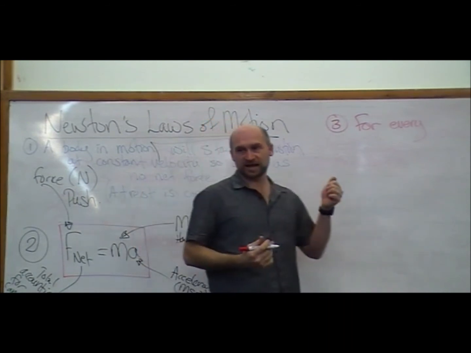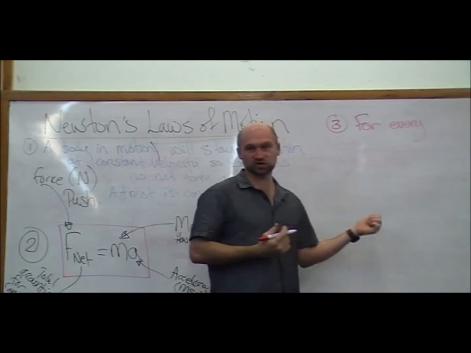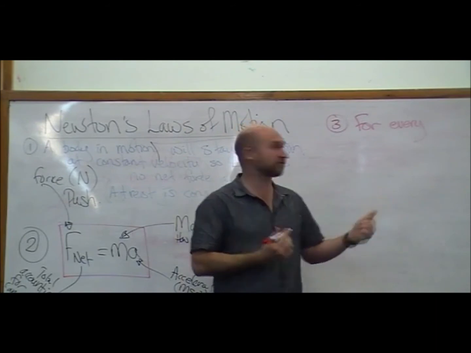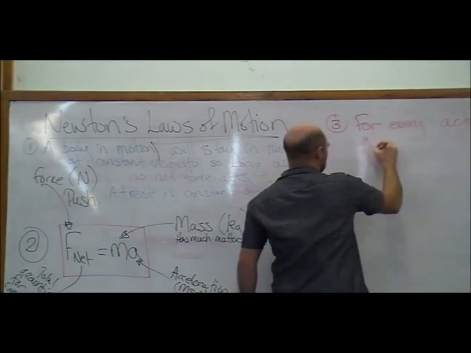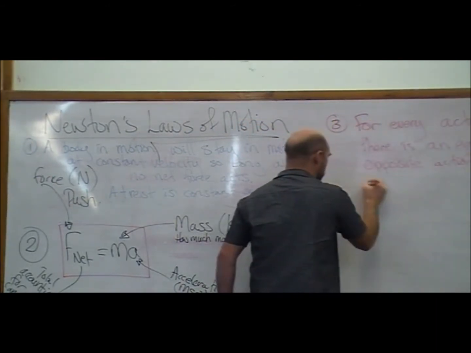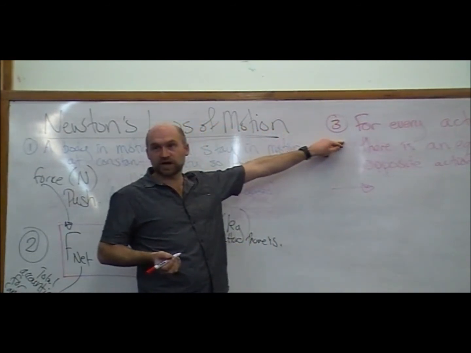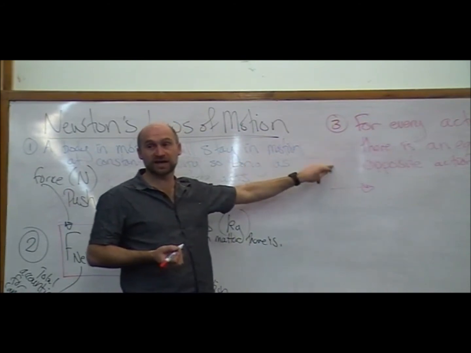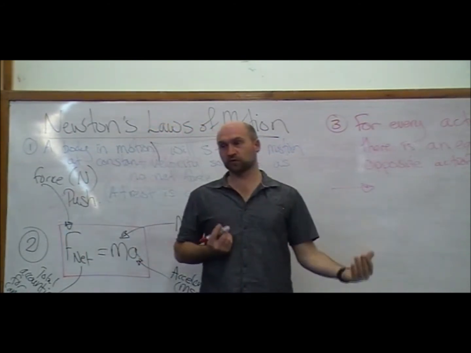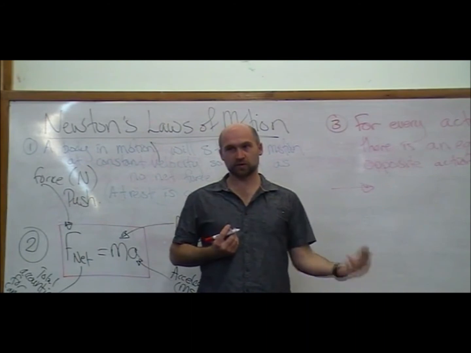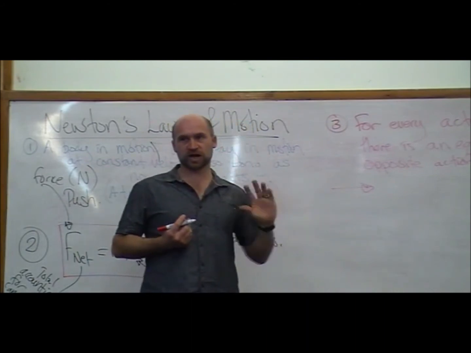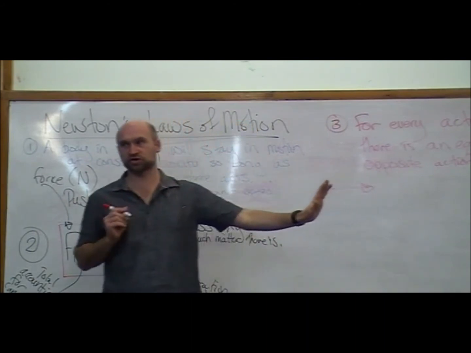So when he said action and reaction, he meant forces. So for every action force, there is an equal and opposite reaction force. Really easy to say, really complicated to get what this means. It means that forces always come in pairs. There are always two forces. You can't push something without that thing pushing you back.